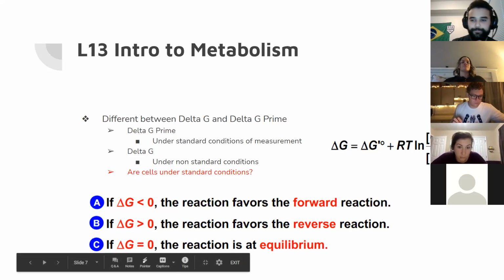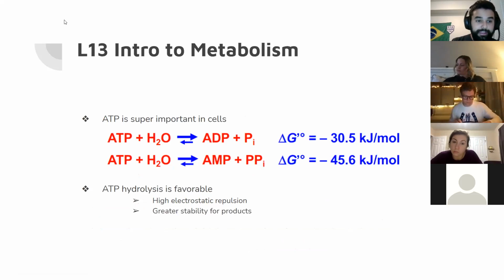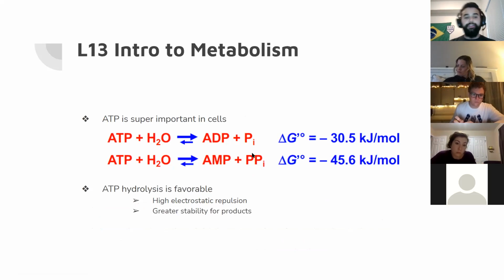Now we're going to start talking about ATP. We know that ATP is really important for cellular processes. It usually is coupled with positive delta G reactions to make a negative delta G, because ATP is that good at moving things along. We have these two equations for the hydrolysis of ATP: one converts it to ADP, and one converts it to AMP.